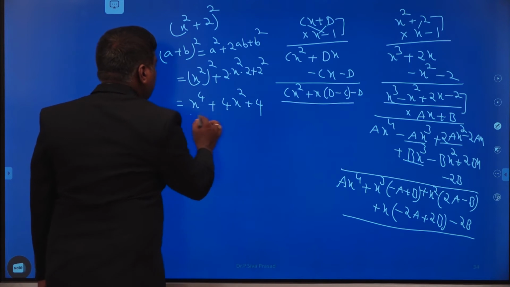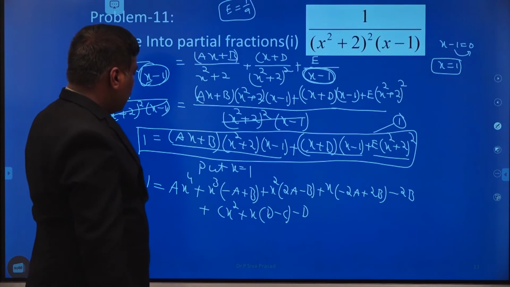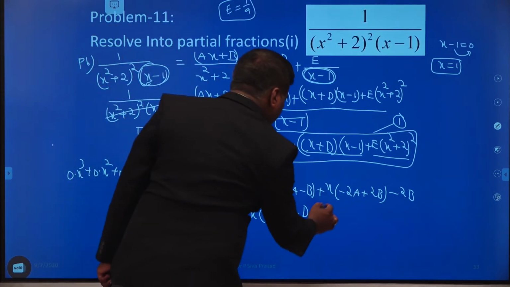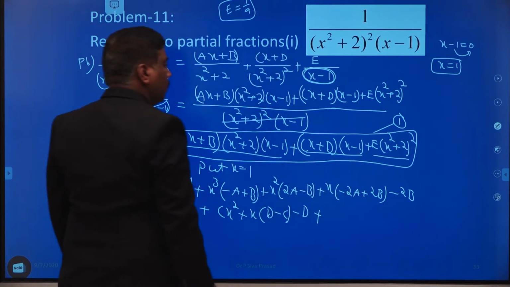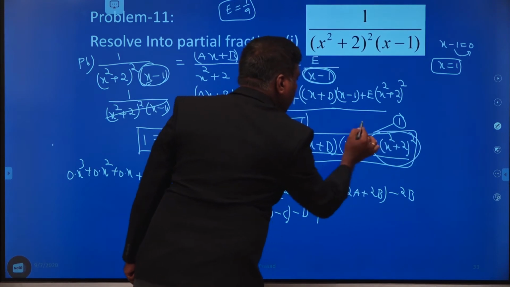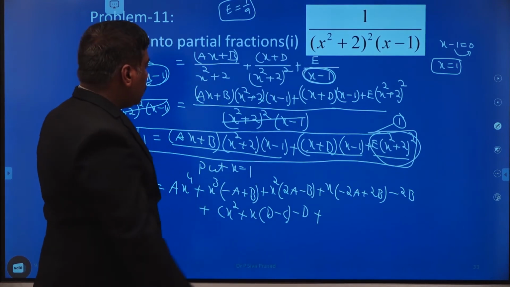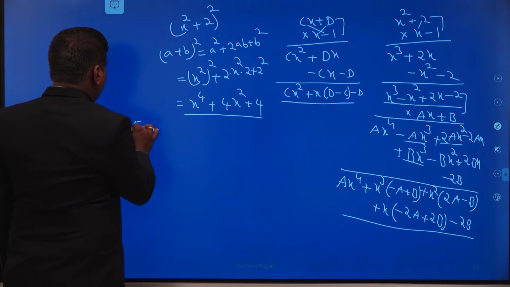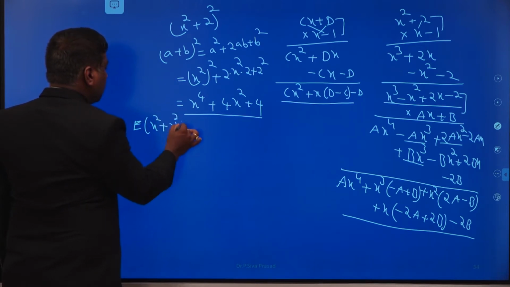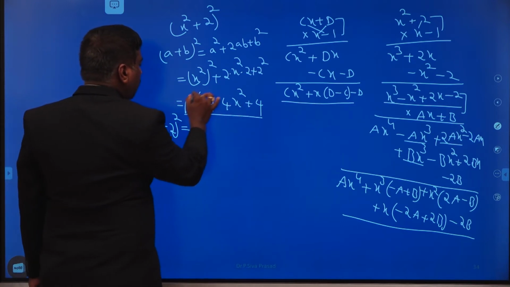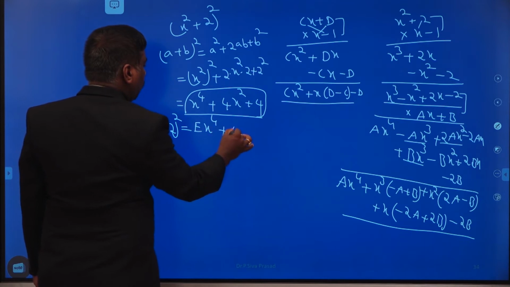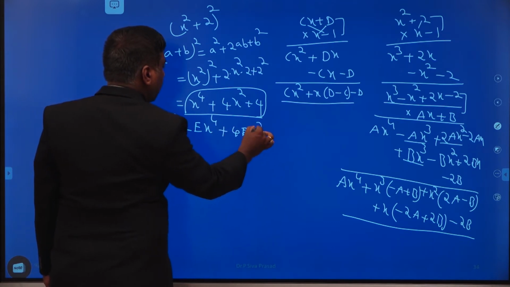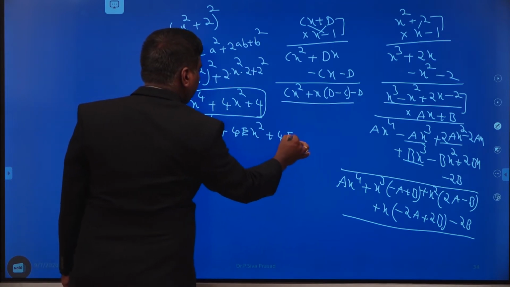Now this value I have to substitute in this place: plus e into (x square plus 2) whole square. The total factor I have to multiply with e. Therefore e x to the power of 4 plus 4 into e into x square plus 4e.